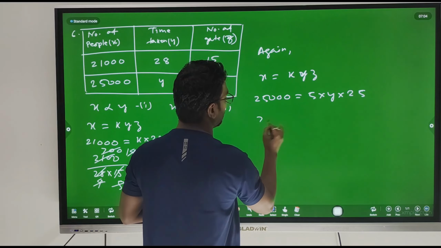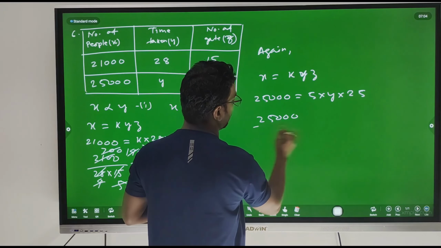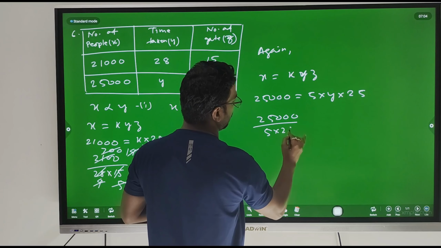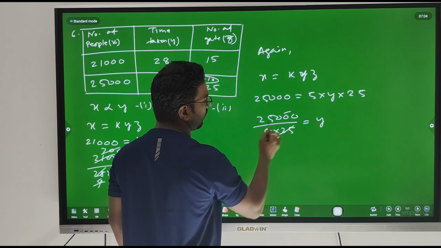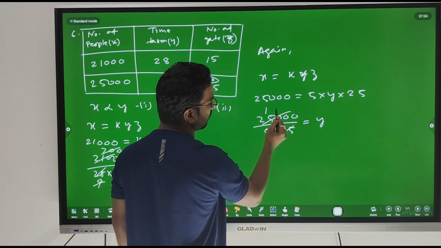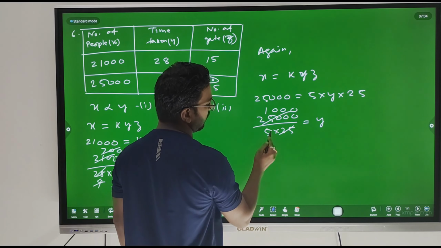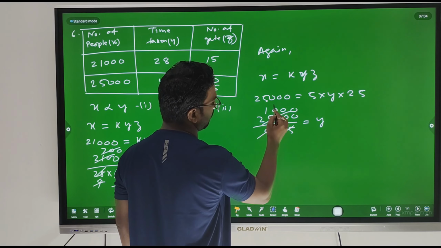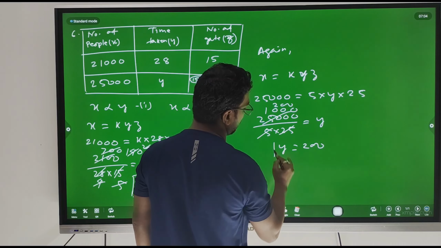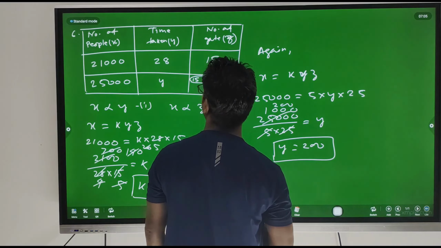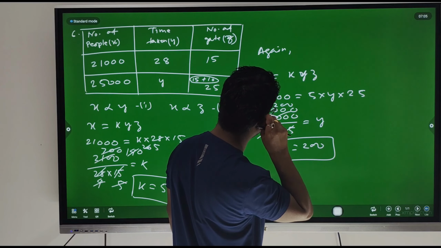So bring it to the other side, 25,000 divided by 5 into 25, right? If you bring it to the other side, it will divide. So 25 how many times? One time, so this will become 1000. Again if you cancel, 5 2s are 10, and here 200. So y equals to 200. So it will take how much time? 200 minutes.